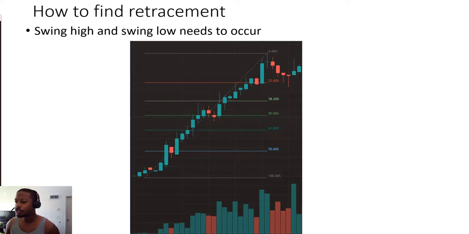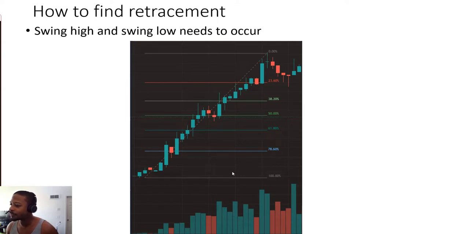What you're going to do there is draw a line from the high to the low, okay? Based on that line that you draw, it's going to compute the mathematical computations that you use the retracement tool for to find high points and low points at any given period. So for example here, you would draw a line from the highest point, which is this wick right here, this spinning top candlestick, all the way down to this end here.